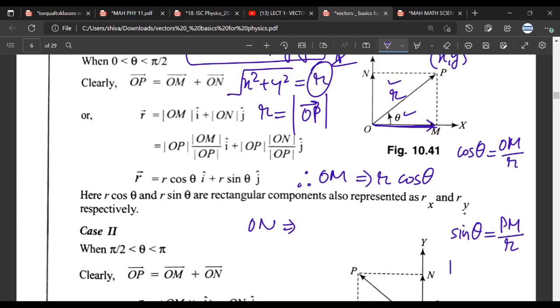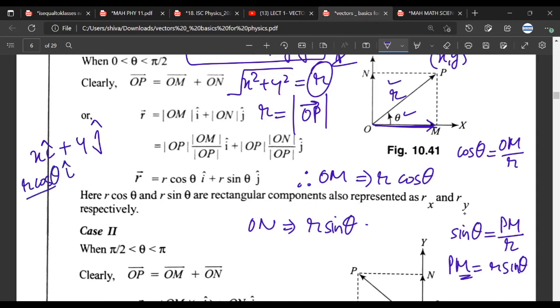Therefore, PM is equal to r sine theta, and PM is equal to ON. So ON can be written as r sine theta. Avantika, are we clear? So therefore, this vector xi plus yj can also be written as r cos theta i plus r sine theta j. Are we comfortable with this fact or not?